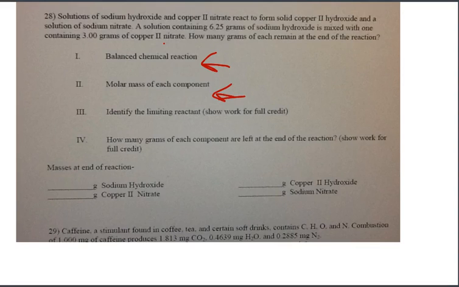Next up, it asks for the limiting reactant. To determine the limiting reactant, I'm going to use the second way that I told you. It doesn't matter what way you use, but I know I'm going to have to solve for this anyway, so I'm just going to kill 2 birds with 1 stone. So I'm going to come to another page again, and we're going to start 2 picket fences.